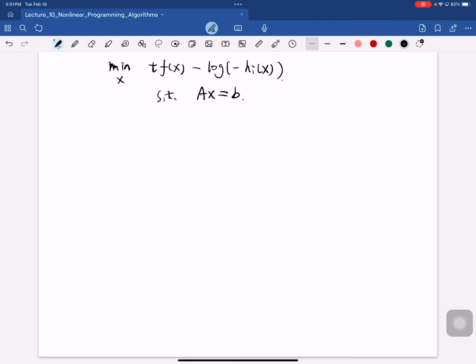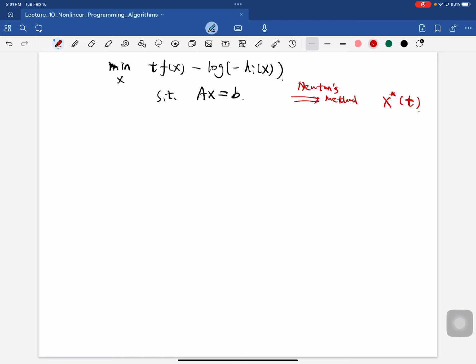At each iteration of this problem, we can use Newton's method to solve it. Newton's method does not need any dual solution, and it can also terminate. So let's suppose, using Newton's method, we got an optimal solution. Let's call it x star t.